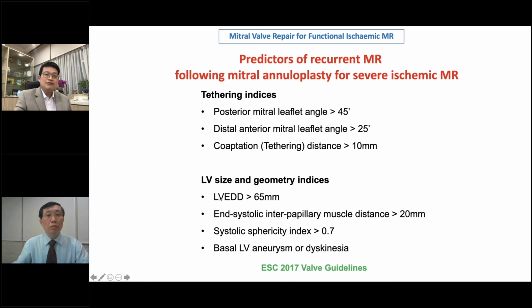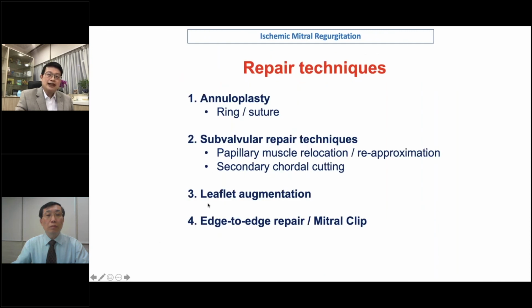And also the LV size and geometry, if the LV is dilated to more than 65 millimeters, or in the presence of a basal LV aneurysm, then that is a risk factor for recurrence of mitral regurgitation. So in this group of patients, it's probably better to replace the mitral valve rather than repair it. There are various techniques to repair the mitral valve, which I won't go into.